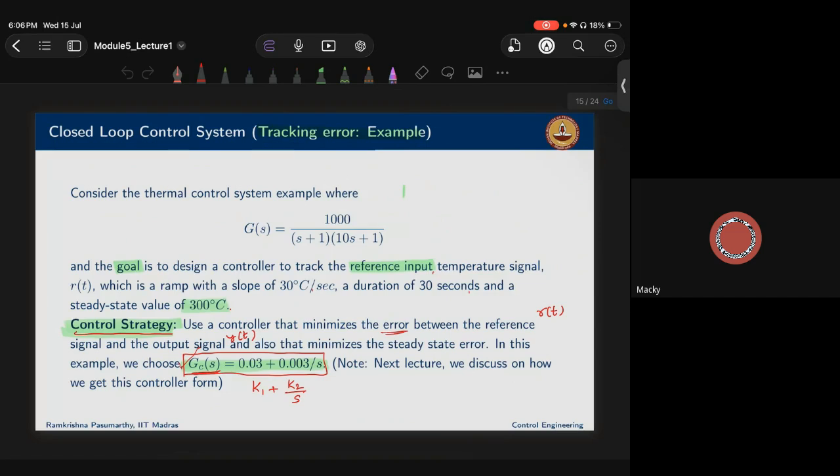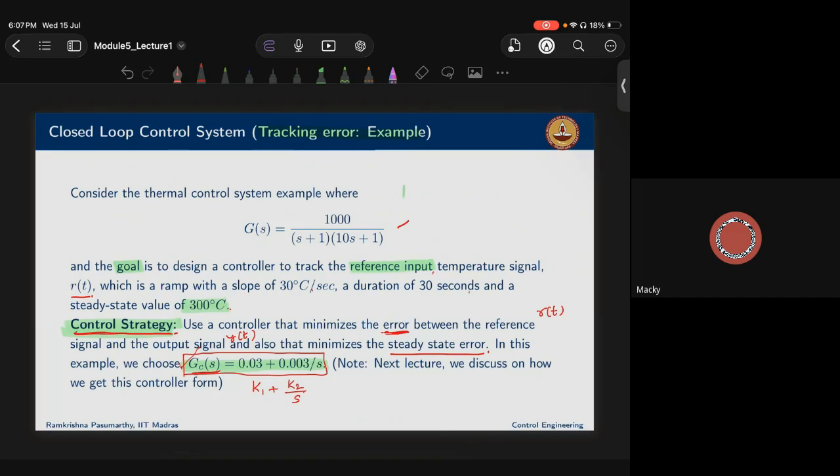You can see that with the same example. We have the same transfer function, and the reference input is R of t, the same reference input. So our idea is to minimize this error between the reference and the output signal, which minimizes the steady state error.